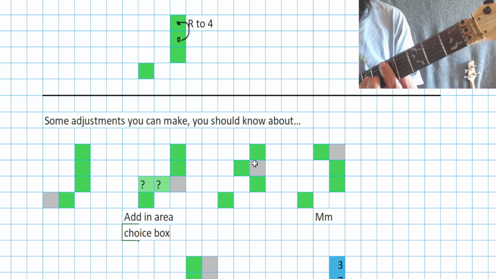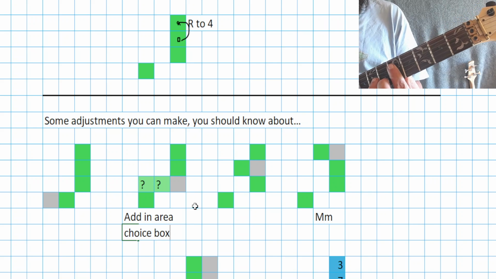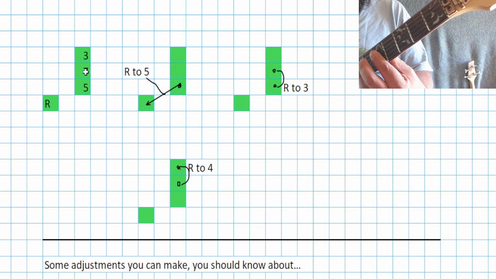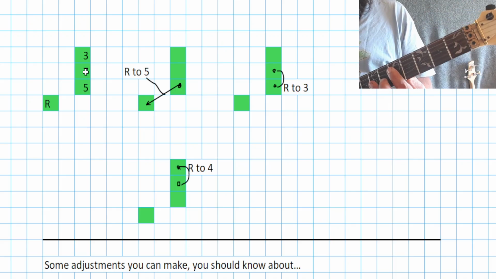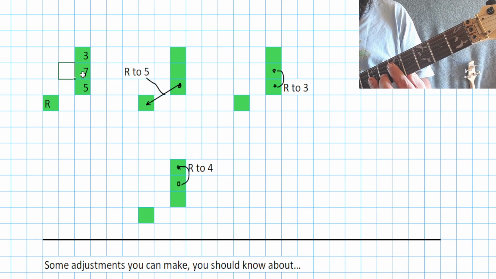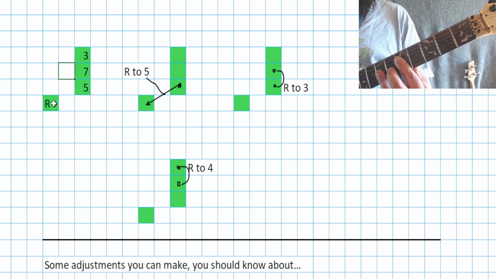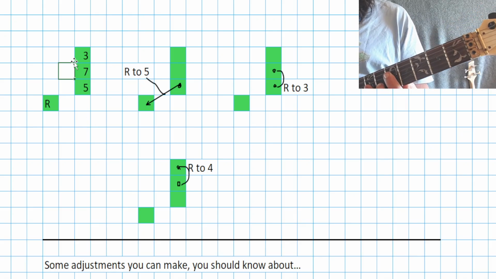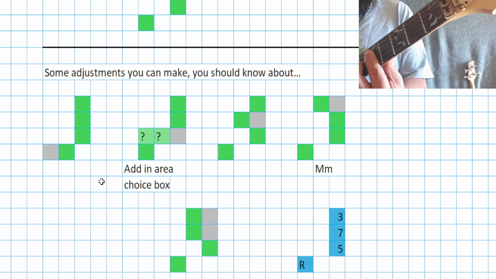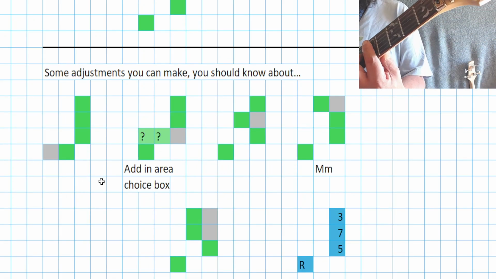Now, however, if we're down here on this string, remember this. We had a regular 7 in a regular shape here because of that B string anomaly, right? So if I just lower that down, what do I have? I have the flatted 7. So this shape that normally makes a major 7 is a shape that makes a dominant 7 down here. Whoa.